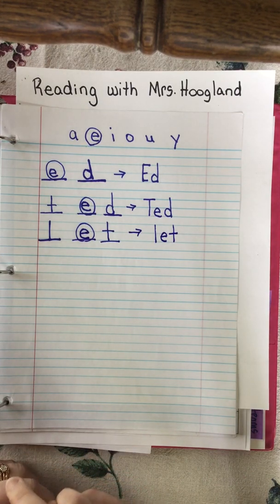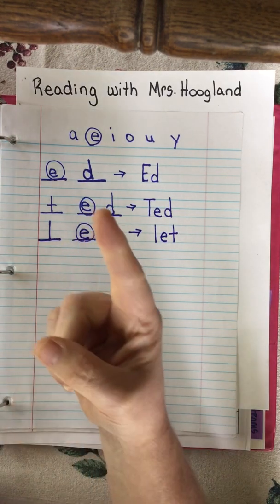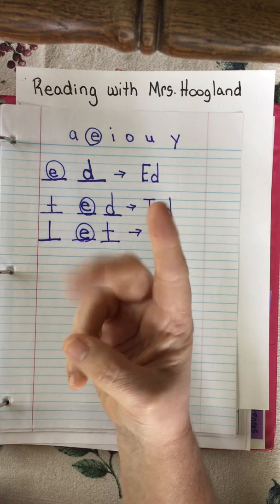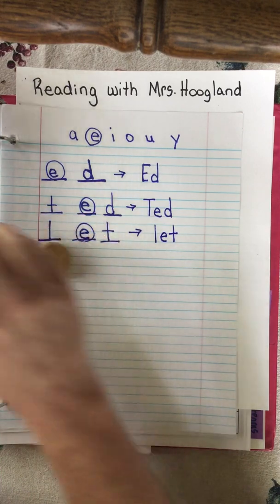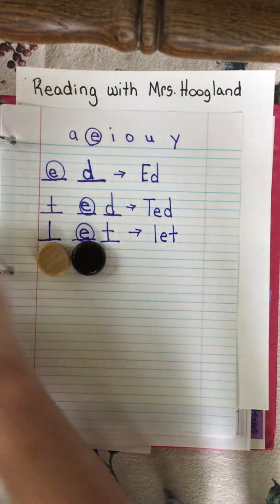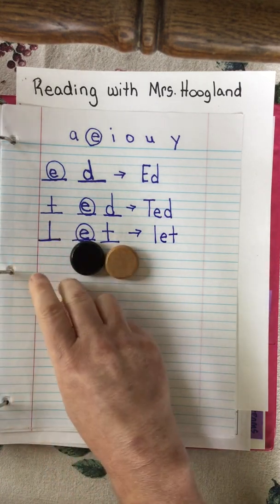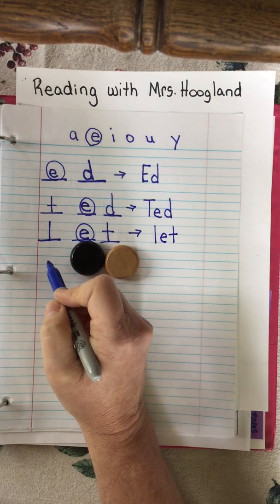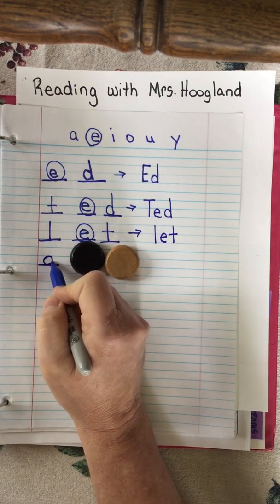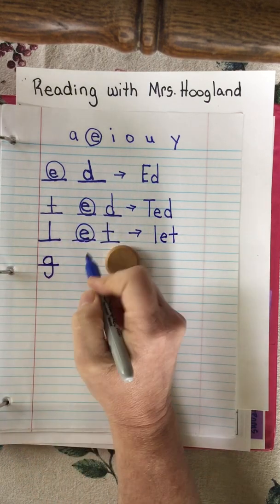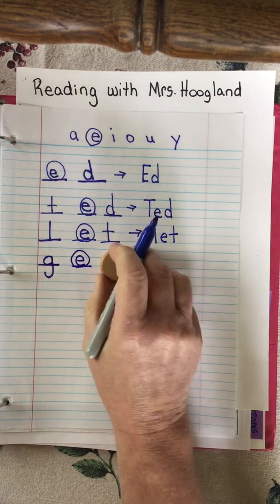Okay, the next word is get. Sound out the word get. G-et. Three sounds, and I hear that eh again in the middle. G, eh, t. Ready? Let's put letters in there. We've got g, eh, it's our vowel, t.